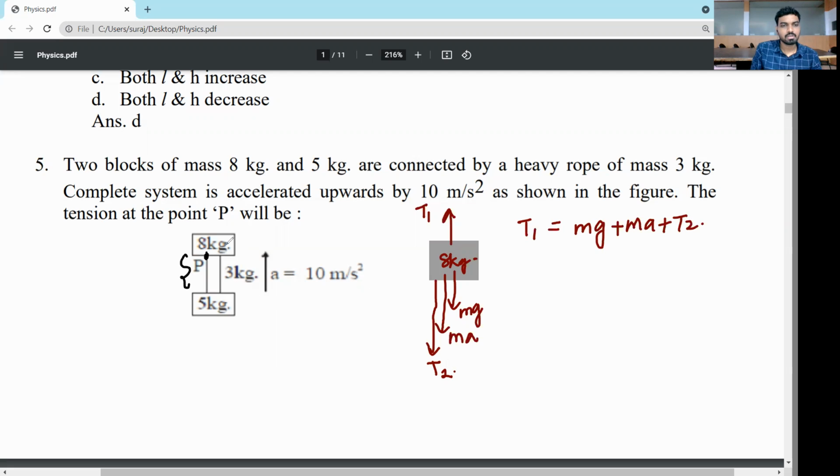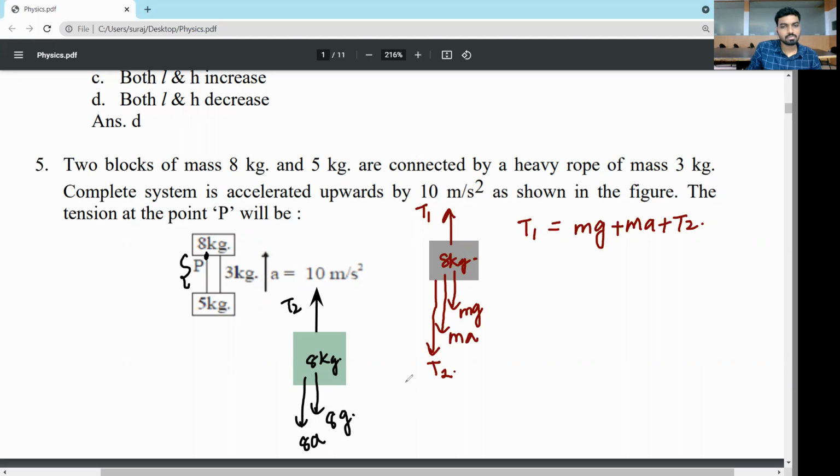Now similarly, I will draw the free body diagram of the 8 kg mass. Tension will be upwards since it is attached to a rope, so let's say this is T2. 8g downwards and 8a also downwards, pseudo force.